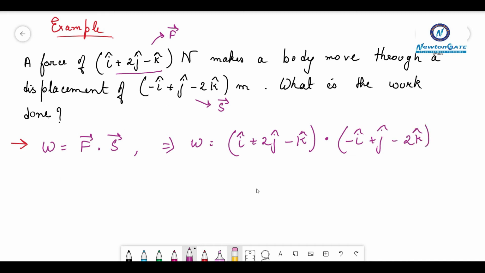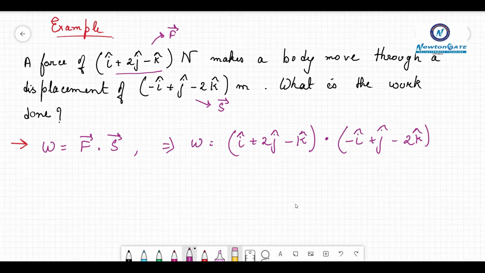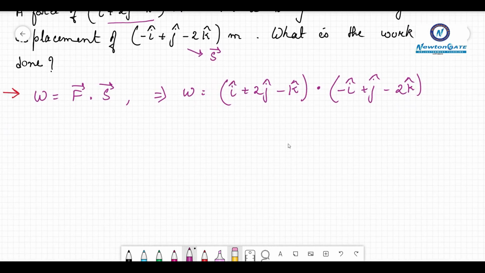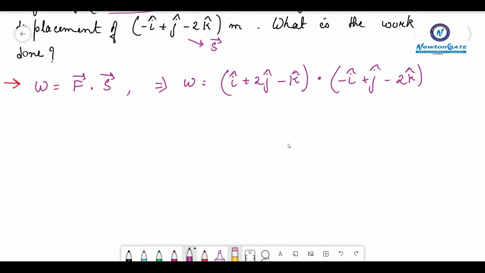Now as we multiply in algebra, in a similar way we will be multiplying here, but not normal multiplication, dot product. So how will I write it?